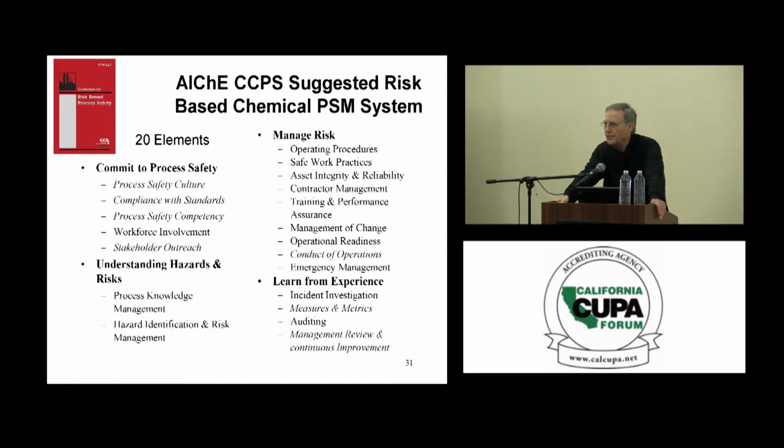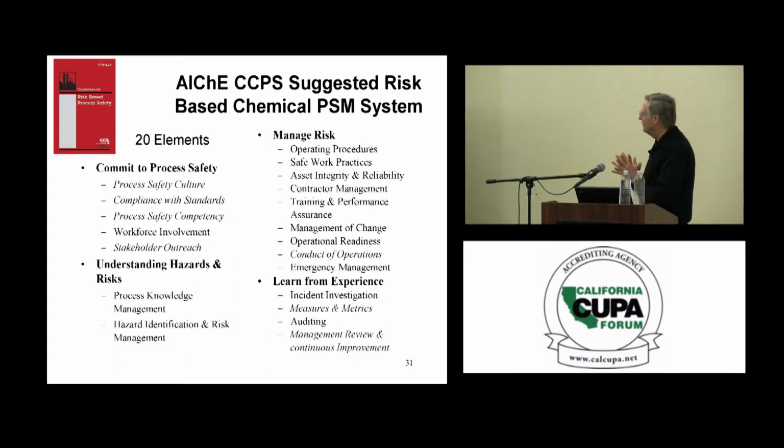I was not on the team that helped write this book. I don't get any royalties or anything from selling this book, but I would advise you, if you only buy one book and want to know about risk management systems for process safety, this is the book to buy. Now, how do some of these elements differ?